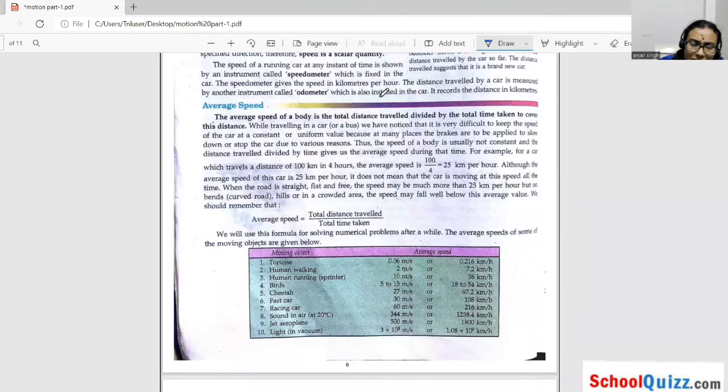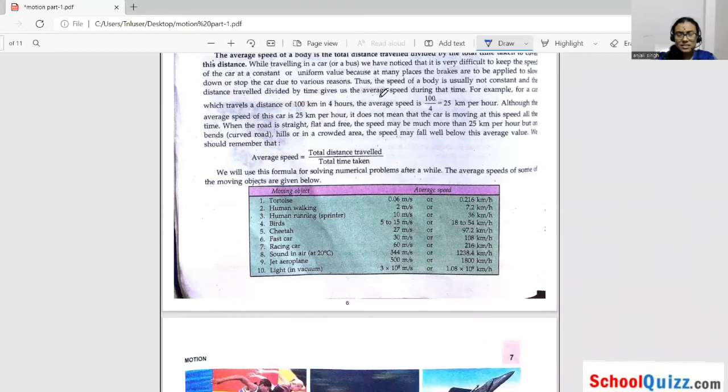Average speed is like when you walk from home to temple, temple to garden, and garden back home. Definitely your speed must be different from home to temple, temple to garden, and garden to home.